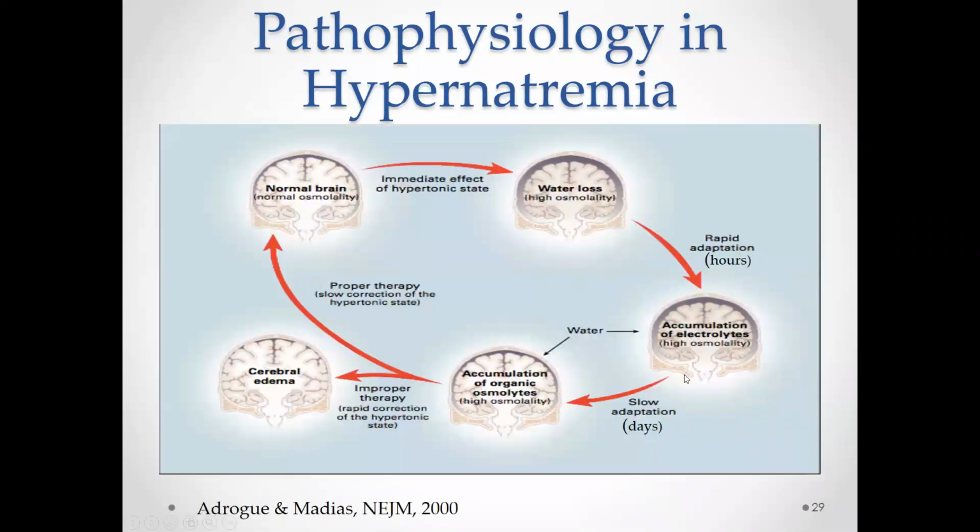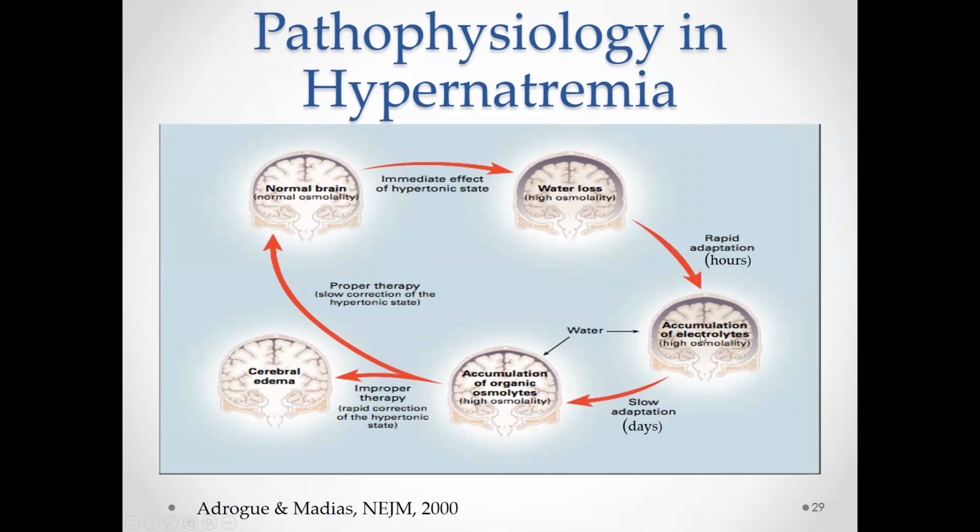Same thing with the brain, except it has limited space. And so acute hypernatremia can cause brain cell shrinkage.